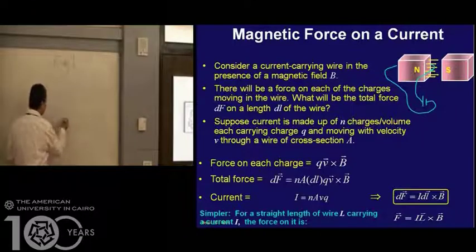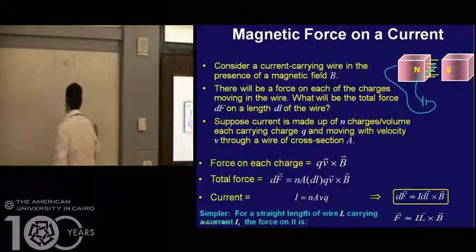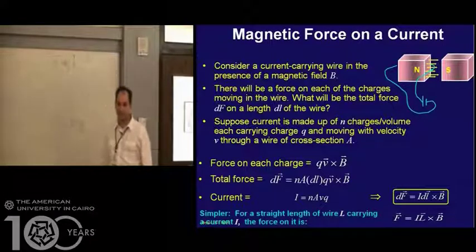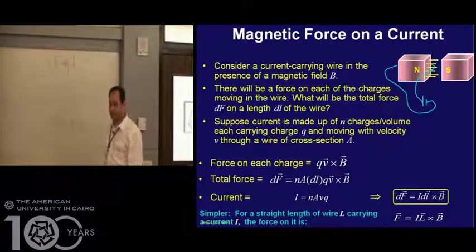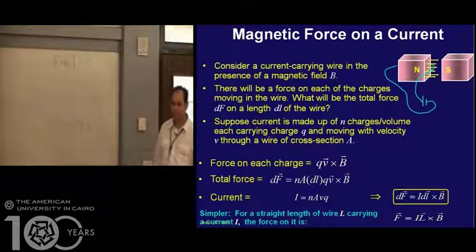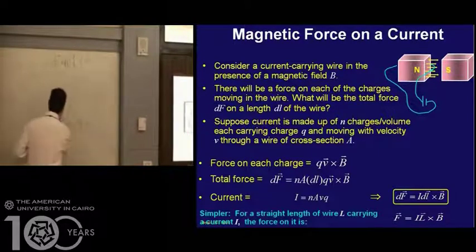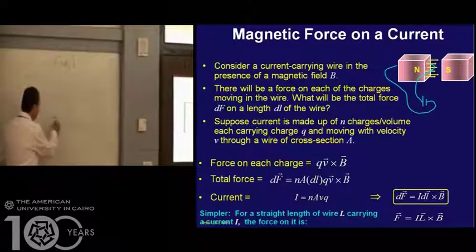He said that J equals N Q times the drift velocity V. Is that right? It had something to do with I over A. Yes, J is the current density, that's I over A.